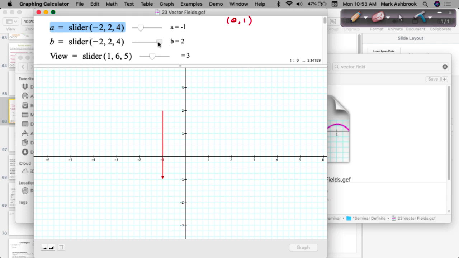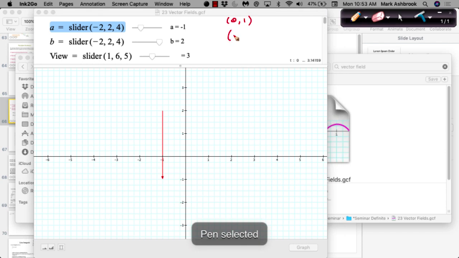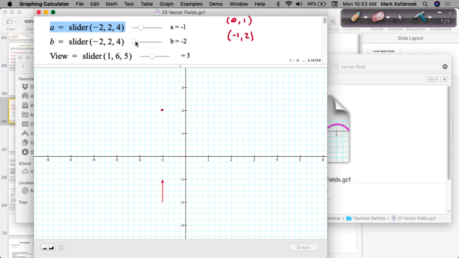Next point is -1, 2. All right, so that's this point here, -1, 2. Okay, here's 2, -2.